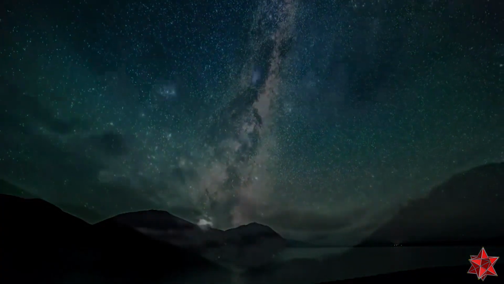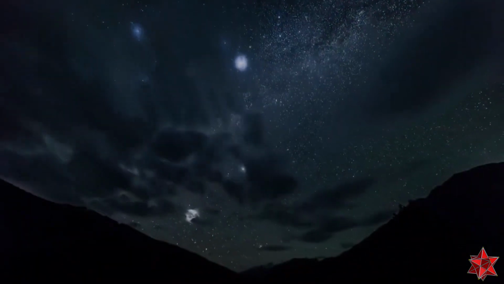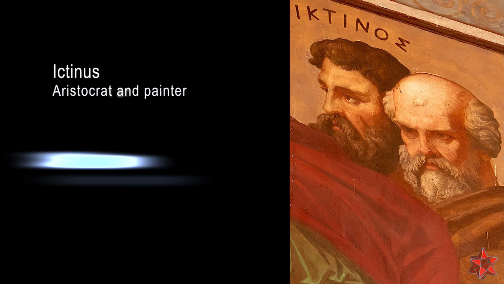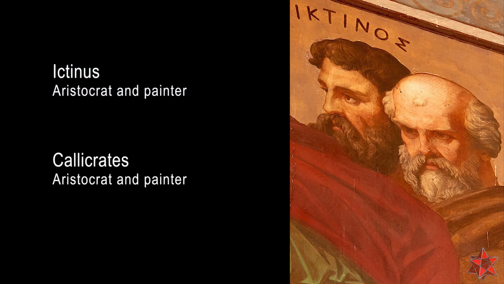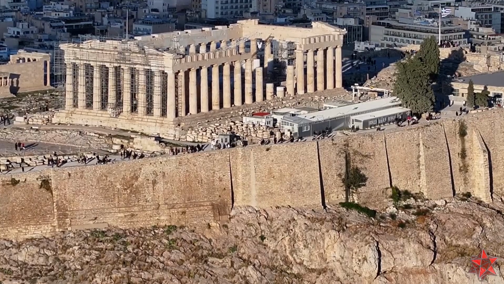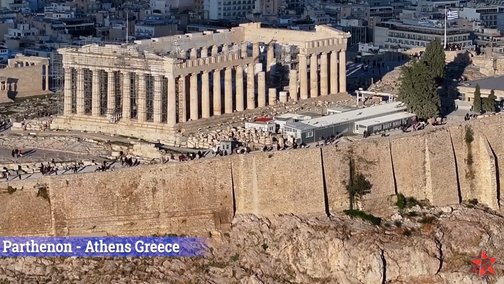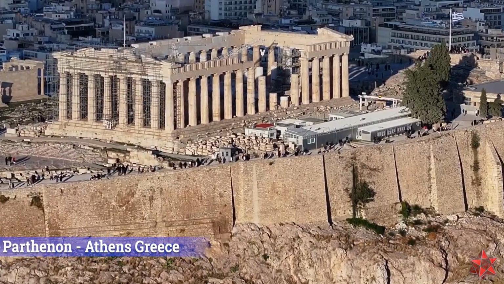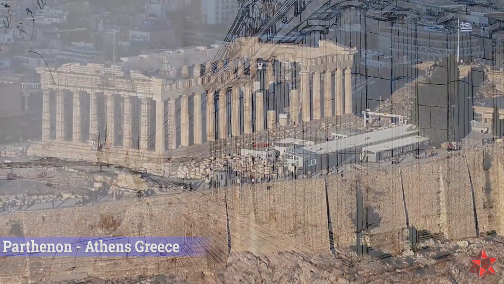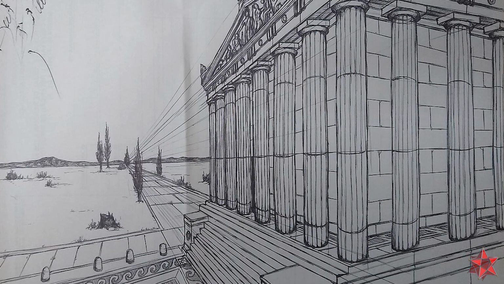Several hundreds of years have passed since then, and we arrived in the year 450 before Christ, where Ictinus and Callicrates, architects of the Parthenon in Greece, one of the most beautiful architectural structures that we have even today, started using perspective drawing by using parallel lines in their drawings.